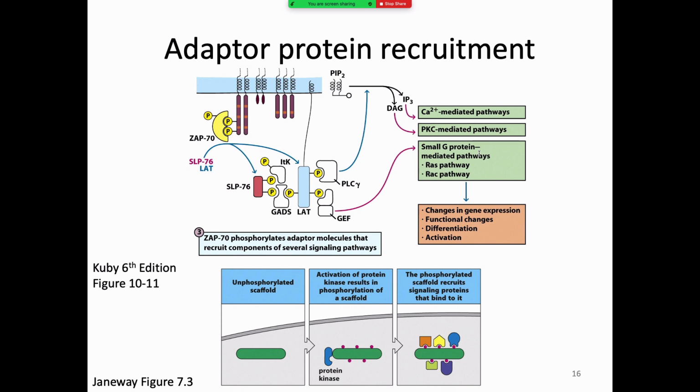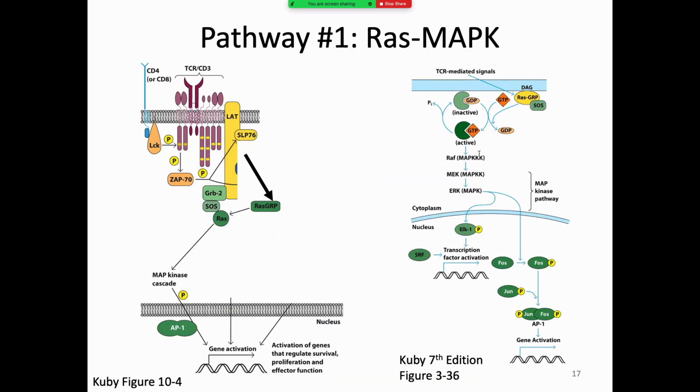So we're going to see how a bunch of things branch at LAT and SLP76. The first pathway that happens with LAT and SLP76 is known as the Ras-MAPK pathway. So I'm going to draw some awesome things on the board to help us understand the Ras-MAPK pathway.